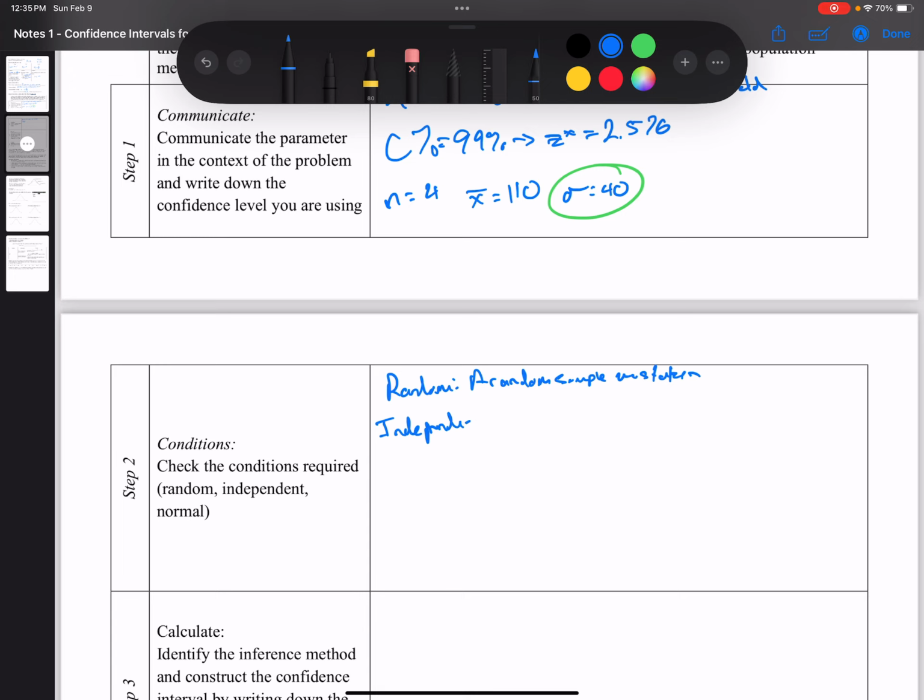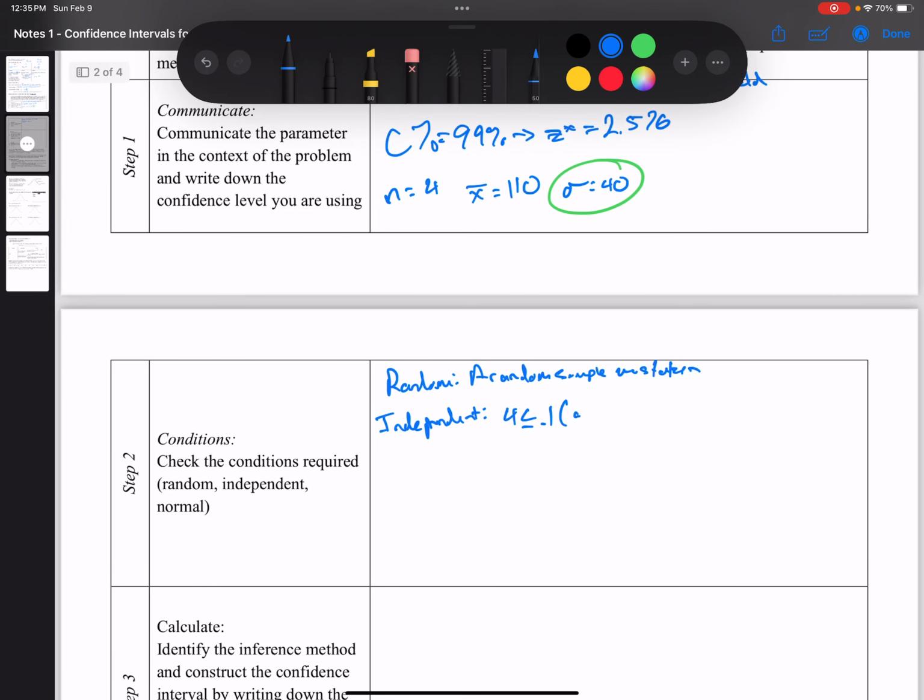We'll write down our evidence for that too, because 4 is less than 10% of all the tomatoes in the field. I would say that's a safe assumption. I would assume that the farmer was growing more than 400 tomatoes. So safe assumption.